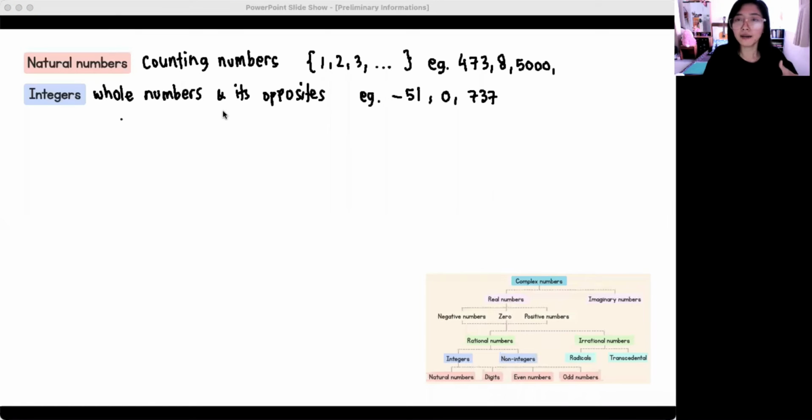Now, the need for mathematics continues to rise. This time, how about if we want to describe parts of a whole? Now, parts of a whole are fractions. So our next set is the non-integers. Non-integers are the fractions.